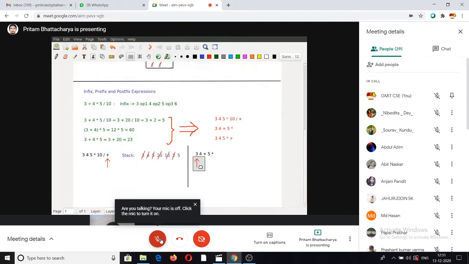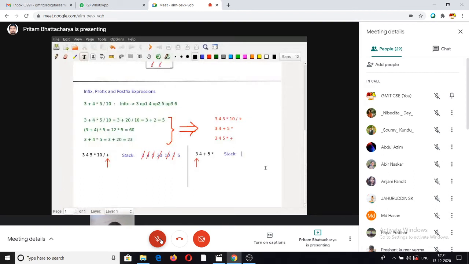Start with my input pointing here. So how does the stack grow?